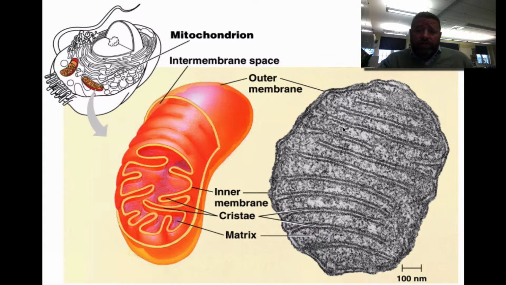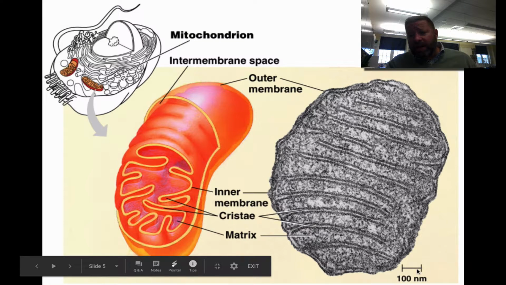The reason they want surface area is they need area or space to do what they do, and that's to produce ATP. Think of it like food, some type of food comes in. It doesn't matter what the food source is. The food source is going to contain carbon, hydrogen, oxygen in some variety. That's going to come in with the help of oxygen, and out the other side we're going to get ATP, CO2, and water.